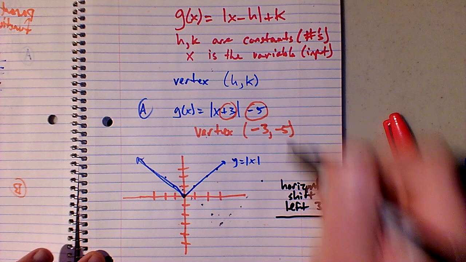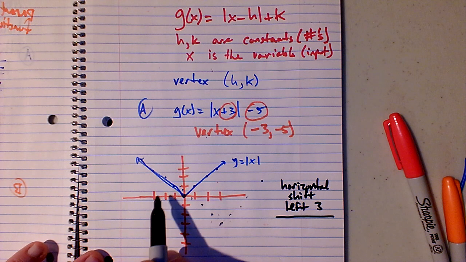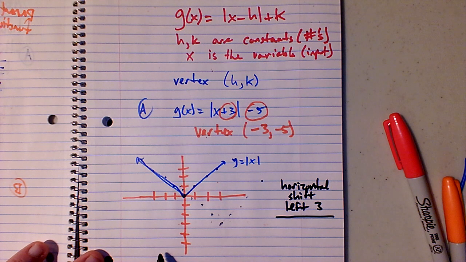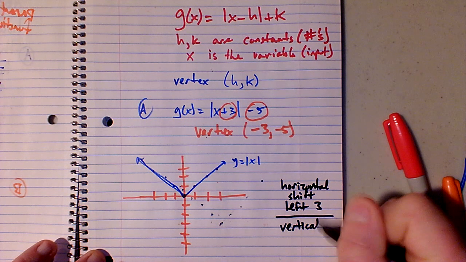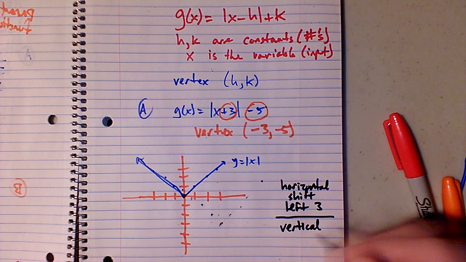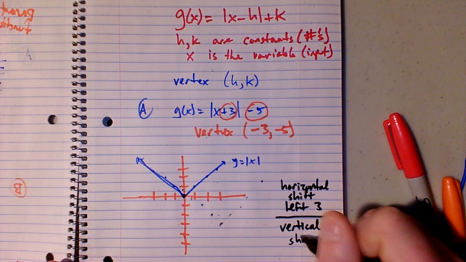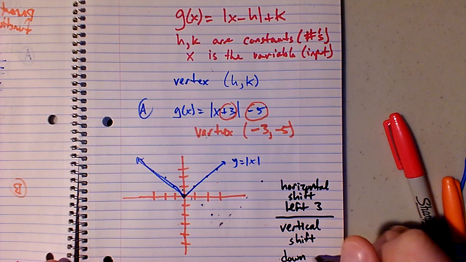And then that negative 5 being placed on at the end, I'm going to go down 5 units. So that's a vertical shift, because just like a vertical leap, you're jumping straight up and down. When you're going up and down, you're moving vertically. When you look out along the horizon, everything's going side to side, so horizontal means going side to side. We're going down 3. No, down 5, my bad.